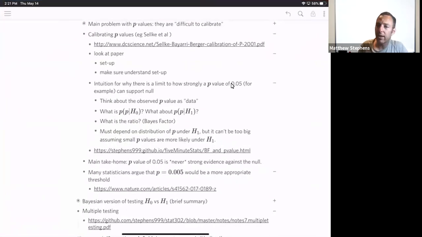So what are the main take-homes here? Well, the first one is, I can't emphasize strongly enough, that although you may have been told that p of 0.05 is significant, it's never strong evidence against the null to see a p around 0.05. The problem is, of course, p less than 0.05 could be p much, much less than 0.05, but p near 0.05 is never strong evidence.